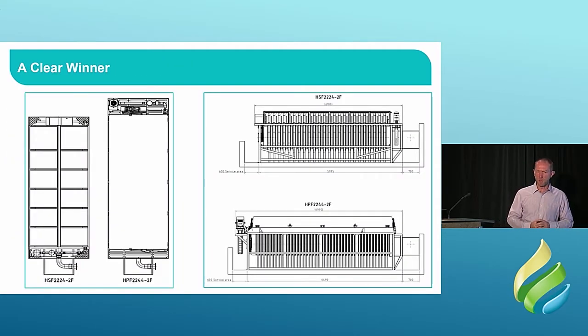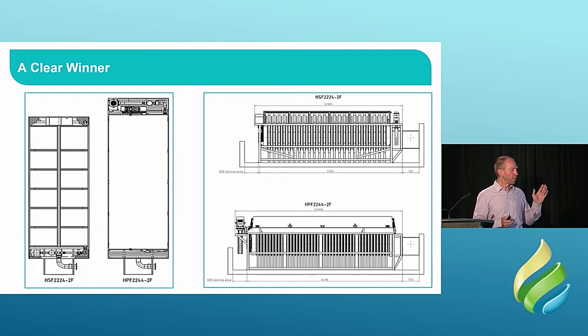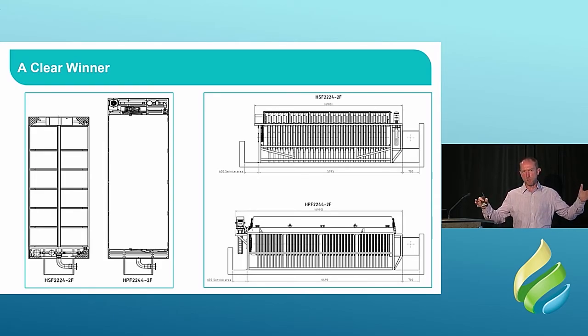Let me give you a sense of what this means. Pictures tell 1,000 words, I guess. You're looking at the older one on the left, the HSF, and that's a 2224. The 22 means 2.2 meter diameter, so those discs are 2.2 meters in diameter. The 24 means there are 24 of those discs mounted along the unit, and you can see that on the cross section there on the top right.